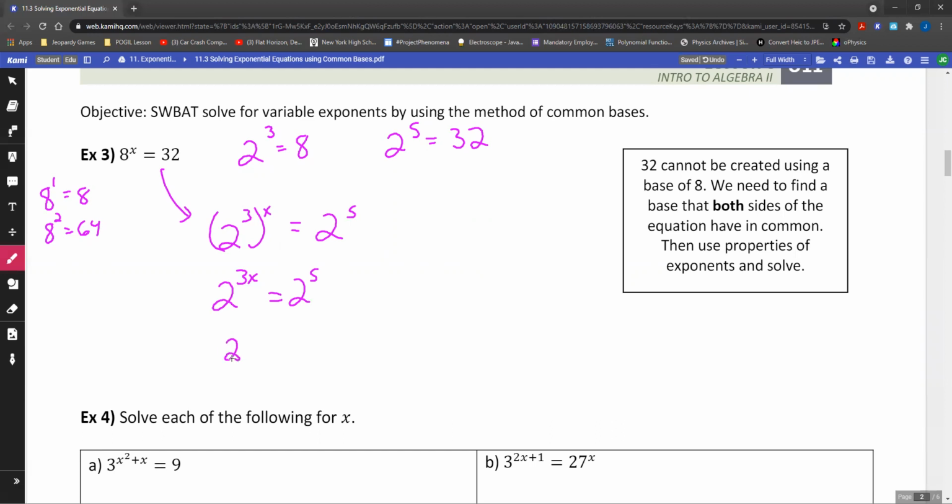Now I could set the exponents equal to each other. And I get x equals 5/3. We could check this if we wanted to, but like I said, you could just plug it into your calculator and you would see that doing 8 to the 5/3 does equal 32.